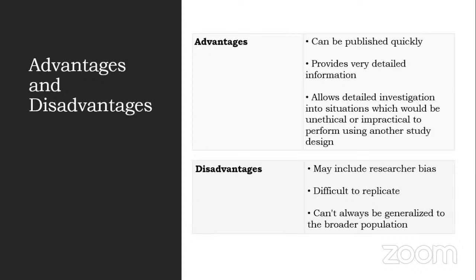We do not do that. We look into one single individual, one single context, one single situation, one single incident at a time, and we do a case study, right? So that's why it is quite difficult to generalize the findings to a mass population. All right. So these are some of the advantages and disadvantages of case study method.